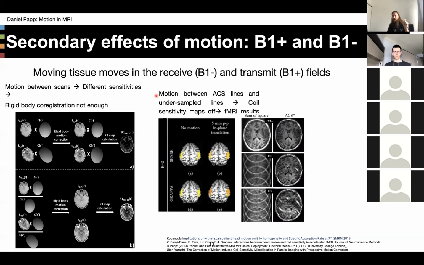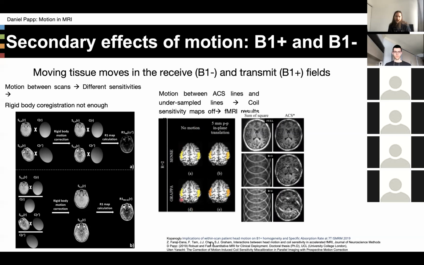But if there is motion between when you do your ACS lines and when you do your undersampling, that will have an effect. This is a relatively understudied part of motion and motion correction, but there's a couple of publications that have looked at it.